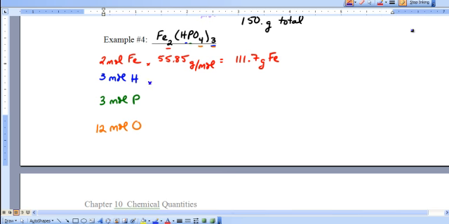With the hydrogen, hydrogen has a molar mass of 1.008 grams per mole. So we have 3.024 grams of hydrogen.